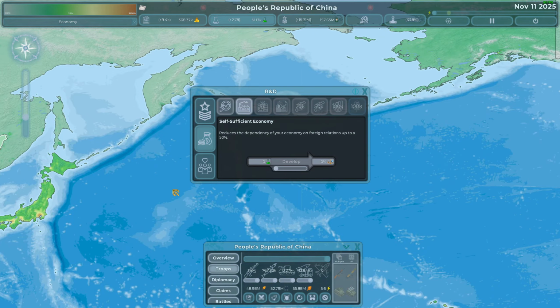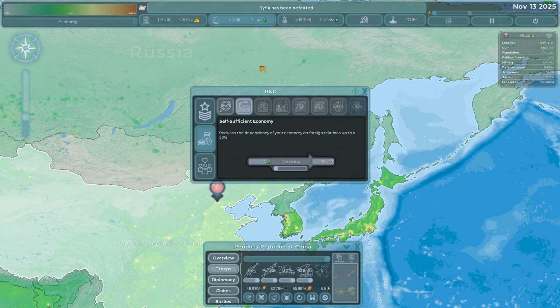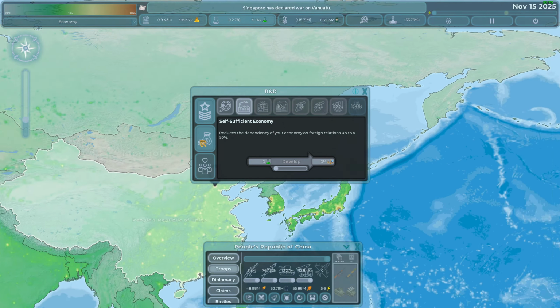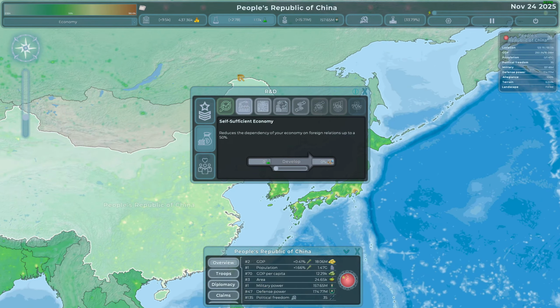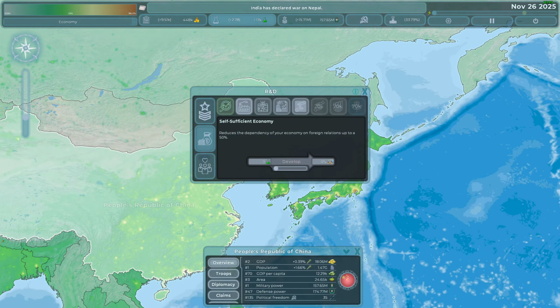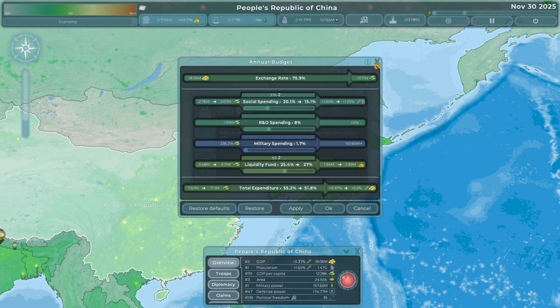Self-sufficient economy reduces the dependency of my economy on foreign relations up to 50%. Since we're building economy, I generally go economic focus just because it's better for my sanity's sake. I do like going self-sufficient economy to increase the exchange rate.